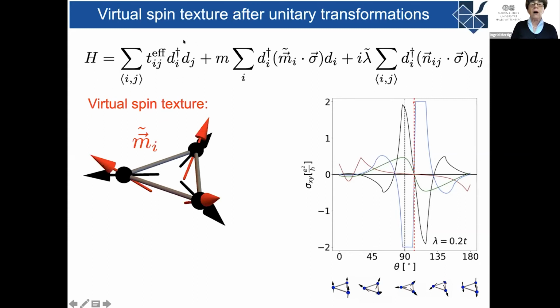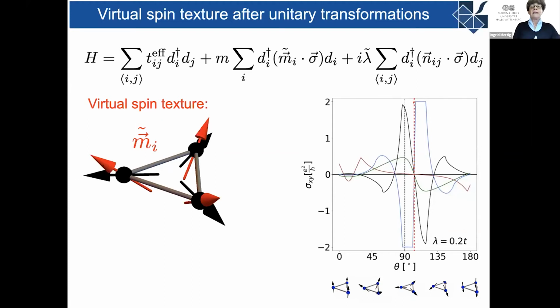Of course, these are other operators, and my parameters are different. I have an effective hopping, I have effective magnetic moments, and I have effective spin-orbit interaction. In particular, let me concentrate on this term. I have a new spin texture. With the effective moments, I have a virtual spin texture, which is tilted out of plane.